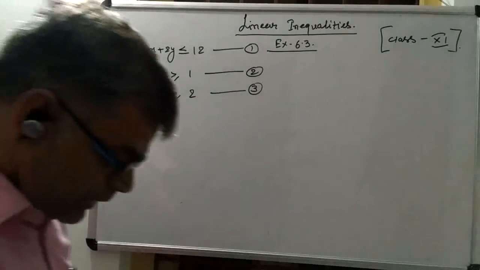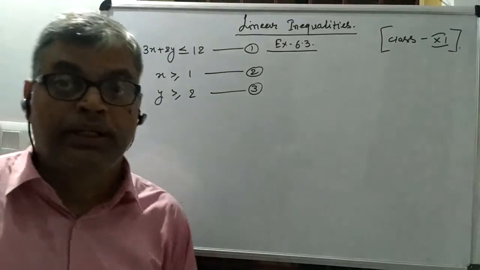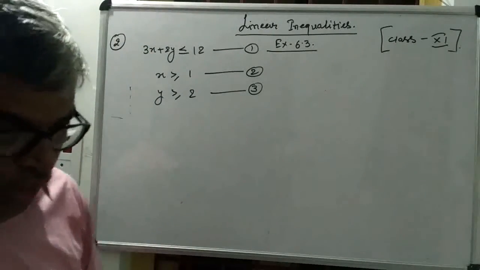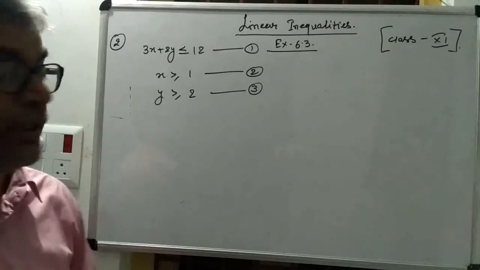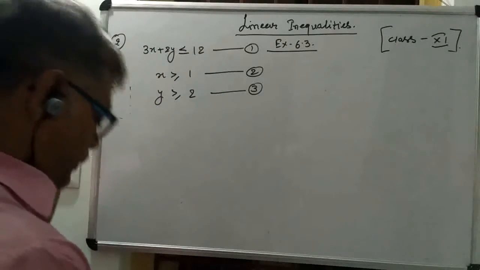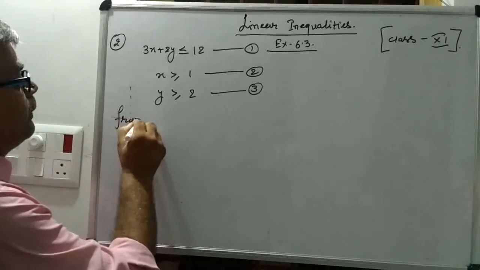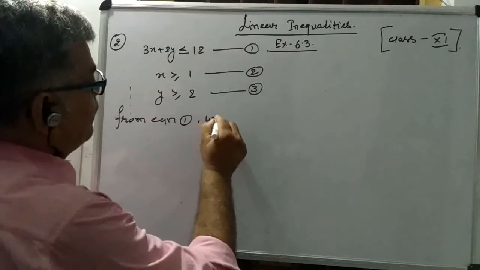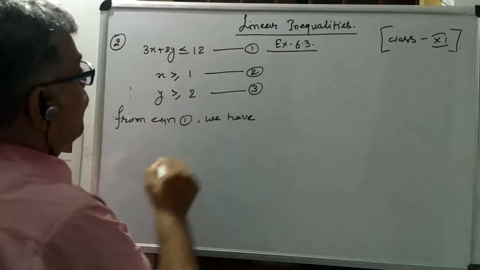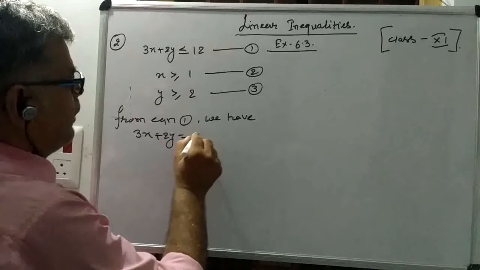Now students, as you can see, this question carries three inequalities. Now you have to draw three lines, one for each inequality. So from equation 1 we have 3x plus 2y equals 12.